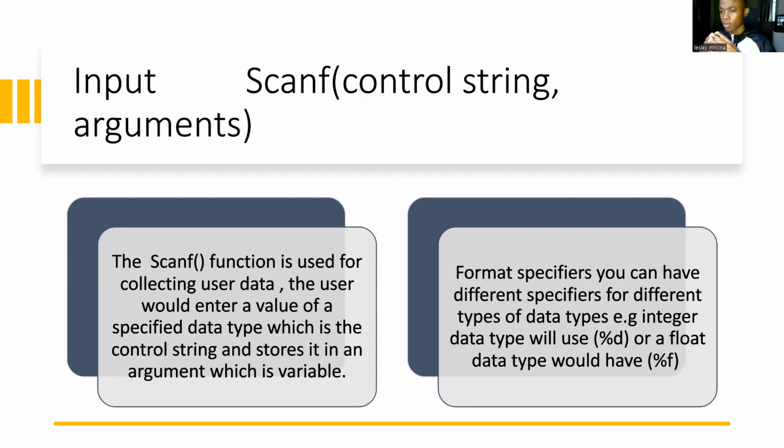As I've said before, the user would enter a value of a specified data type. Data type, we're talking about variables. What kind of variable are we talking about? There are different kinds of variables in C programming.